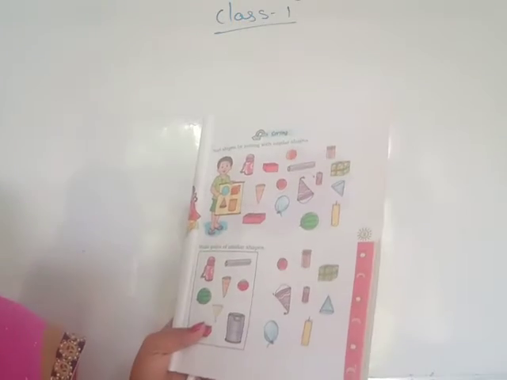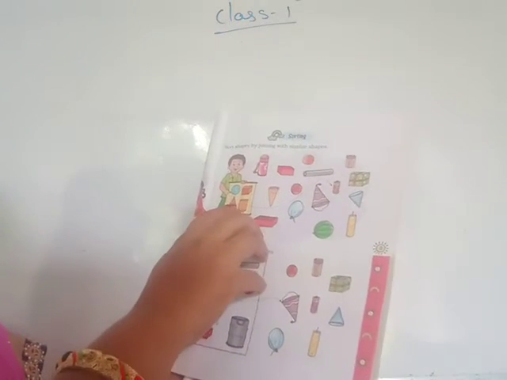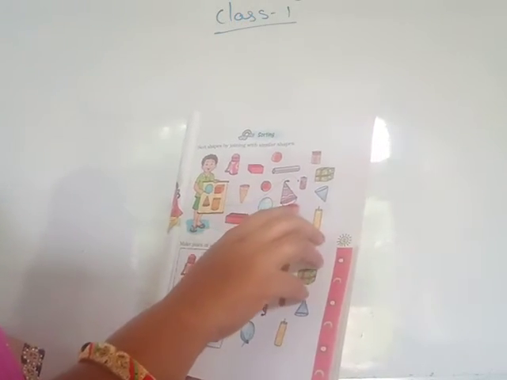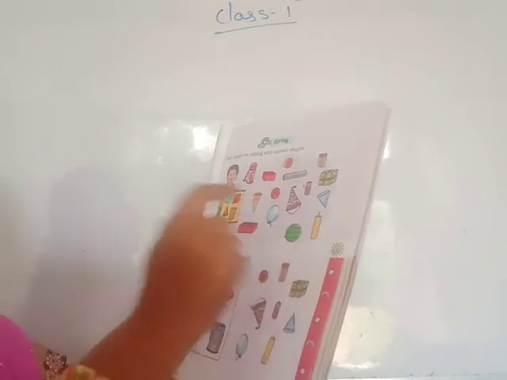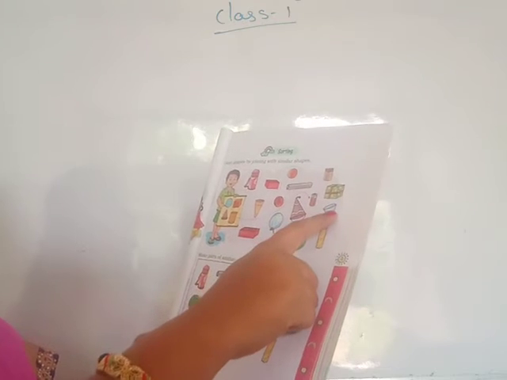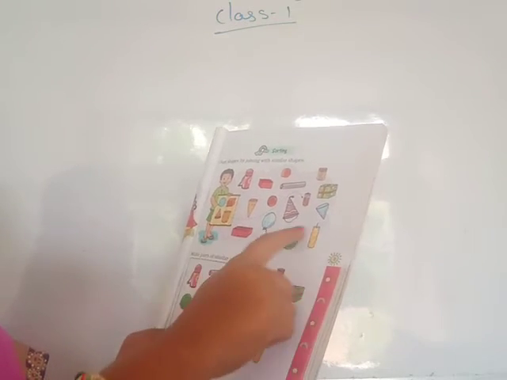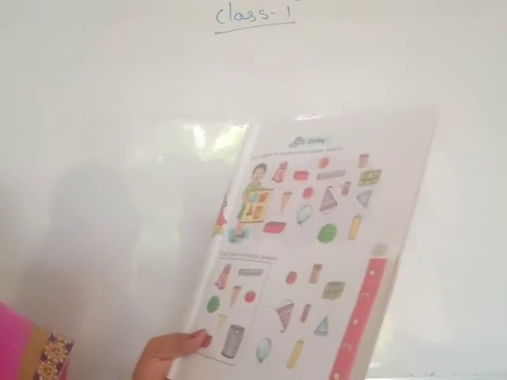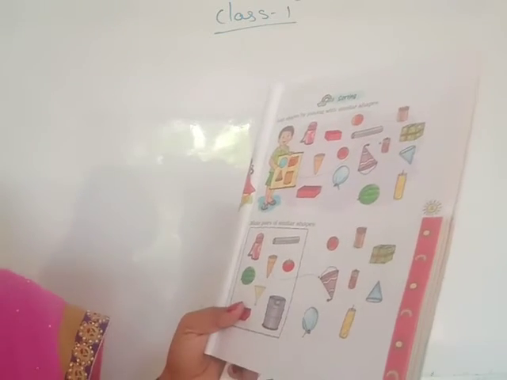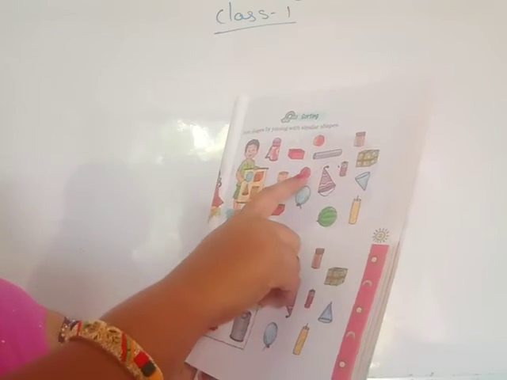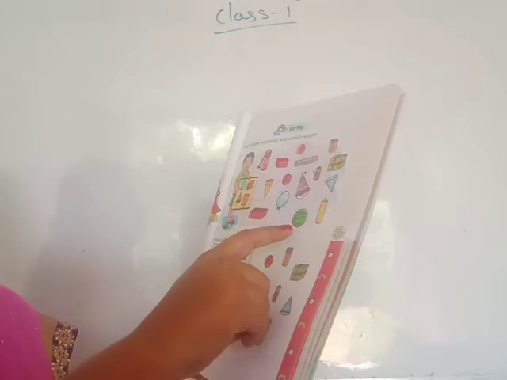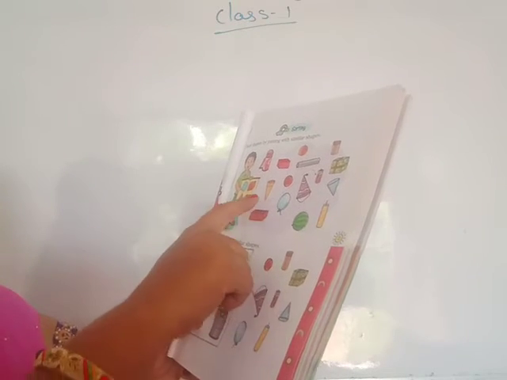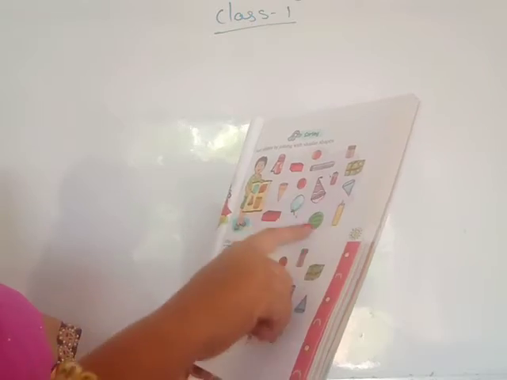This is also cone type. Then you match this cone, this birthday cone, and this birthday cap, and this ice cream cone. Then circle, round in shape: this ball, orange, watermelon, balloon. All these you match here.